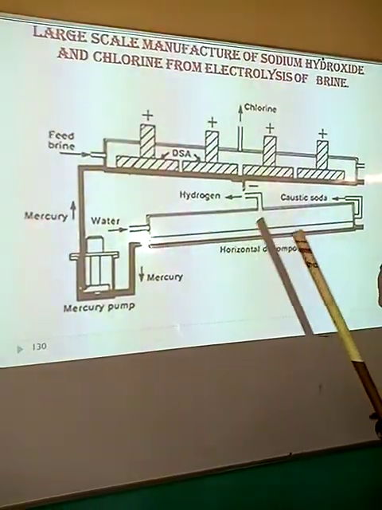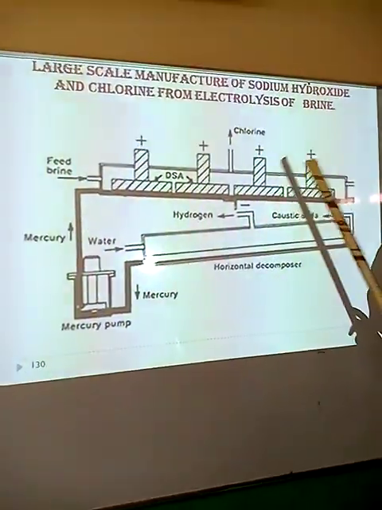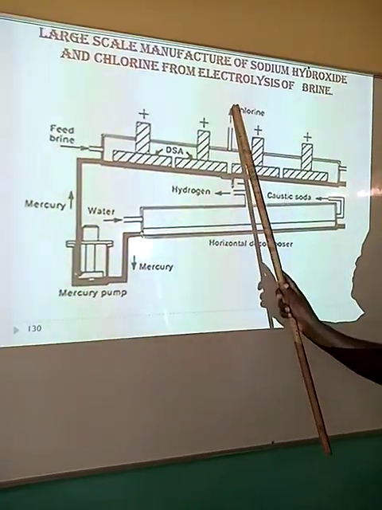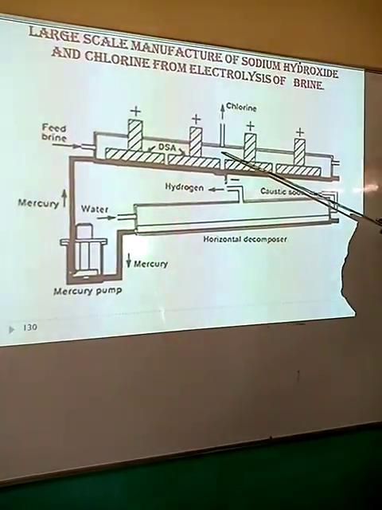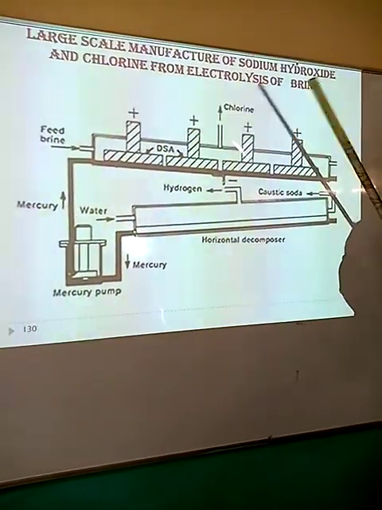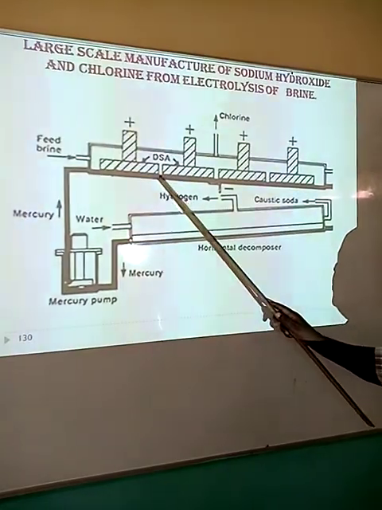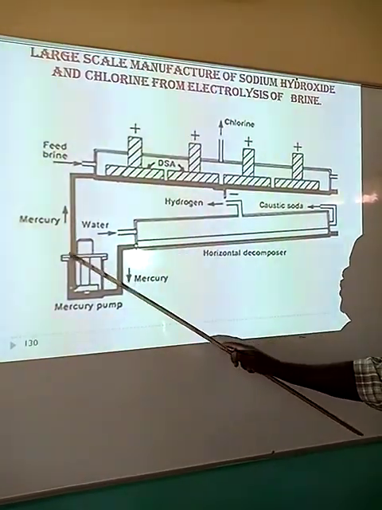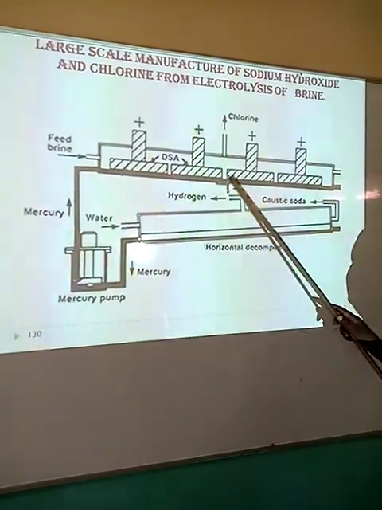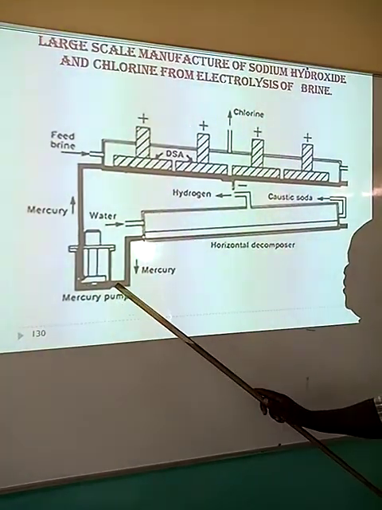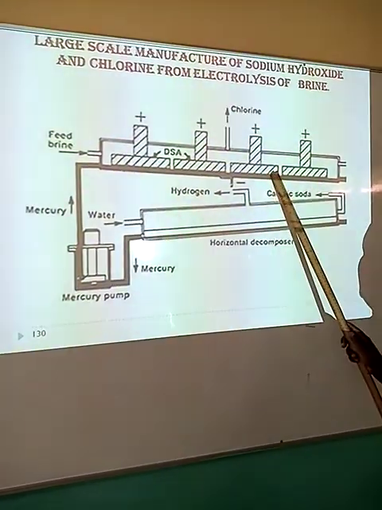Chlorine. Now, the chloride ions lose electrons here to form chlorine, and the electrons that are lost are acquired by the moving film of mercury, which forms our cathode. This moving film of mercury is moving around like this. There's a pump here to ensure that it moves around.